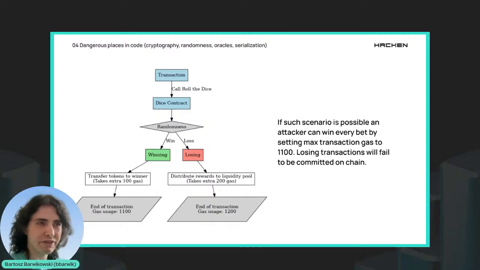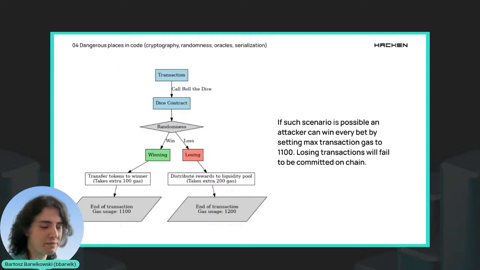So when your transaction is winning, the transaction will be completed correctly. But in case of losing, there wouldn't be enough gas to complete the transaction. So just with such a simple mistake, it would be possible to steal all the money from the smart contract if it had a logic like this.